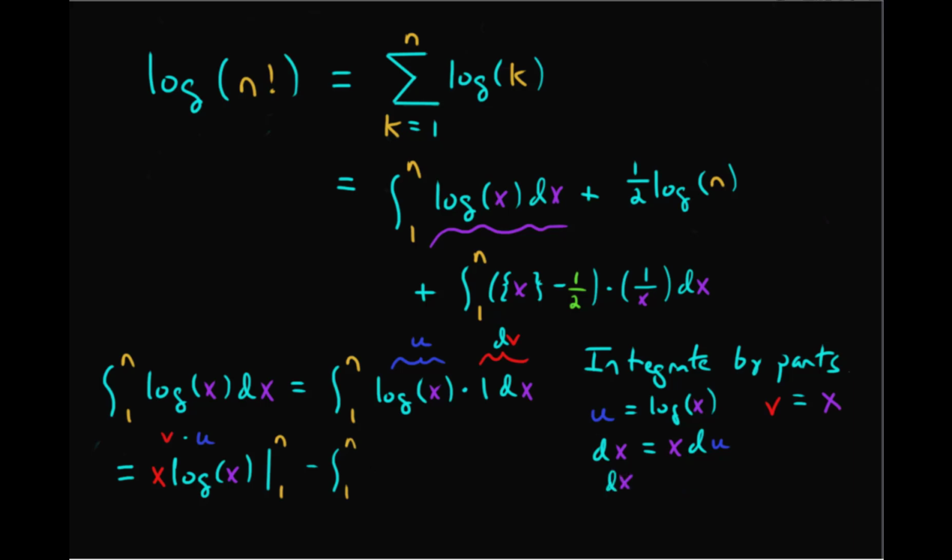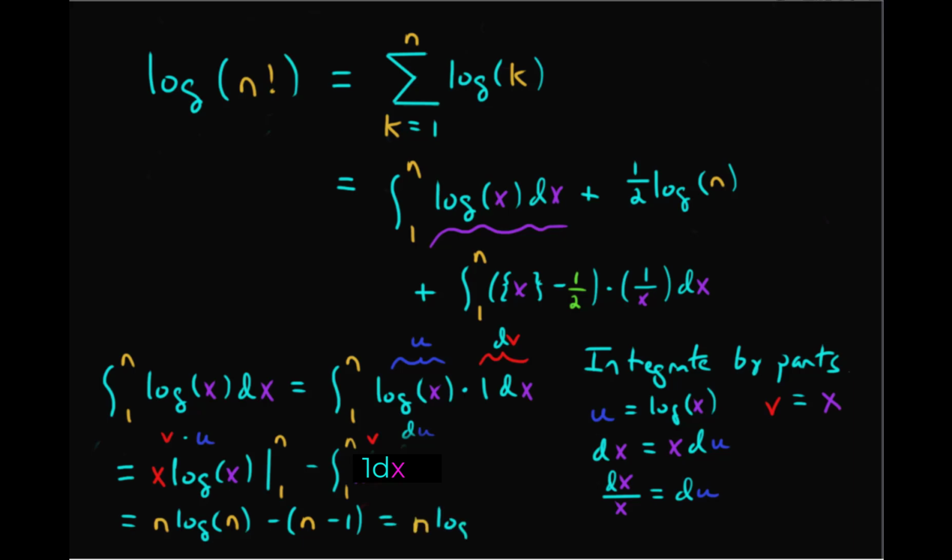So the integral from 1 to n of v du here would be x times 1 over x dx, which just equals 1 dx. And now plugging in values, we get that this integral equals n times log of n minus 1 times log of 1 minus the integral from 1 to n of 1 dx. Well, the integral of 1 dx, of course, is just x. And so when we evaluate that at the endpoints, that's going to be minus the quantity n minus 1.